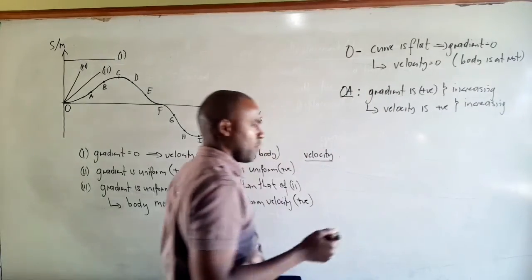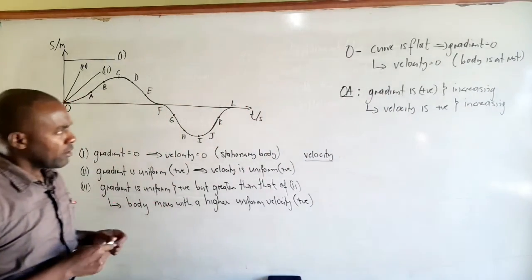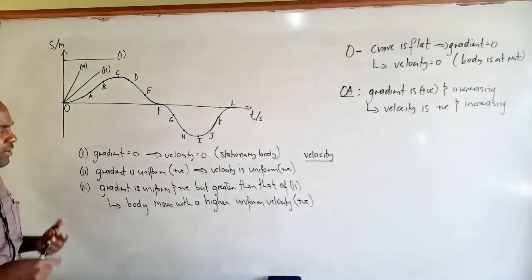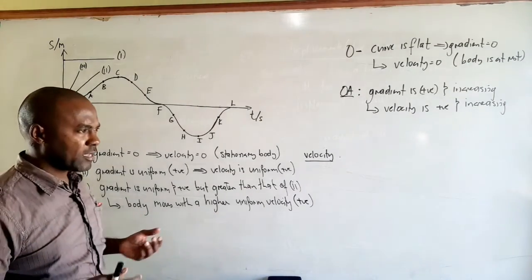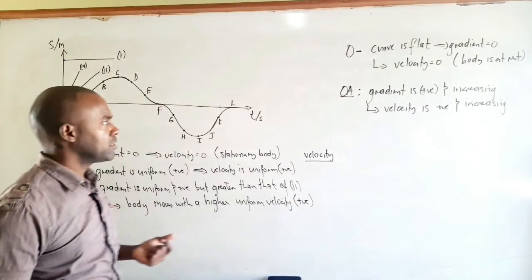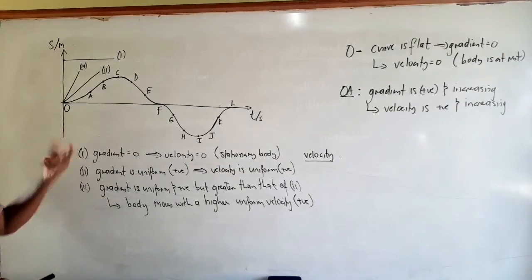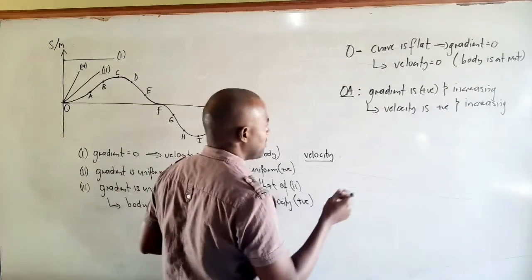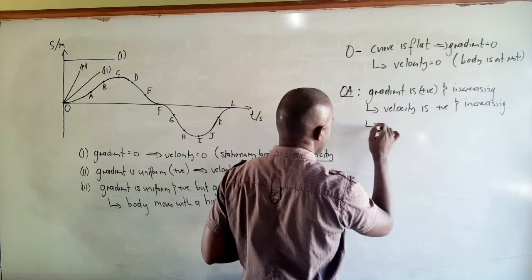Right? Now, because the body's velocity is positive and increasing, this means that basically the body is accelerating. So essentially, for OA, we can say that the body accelerates uniformly from rest.